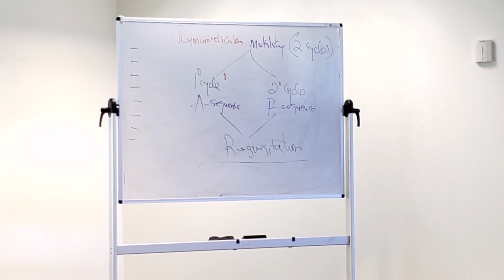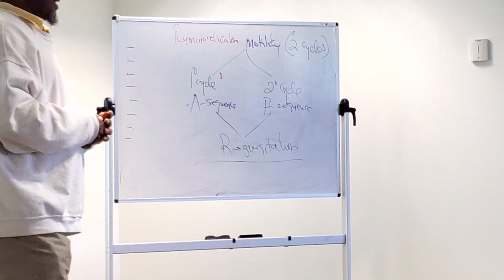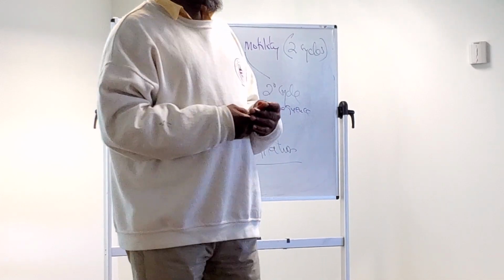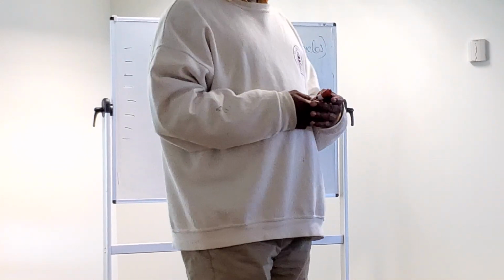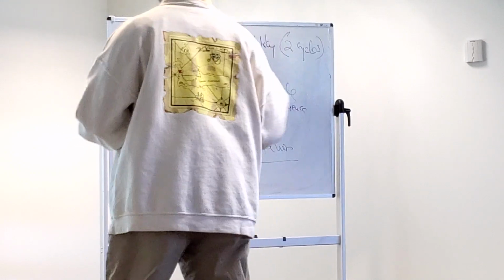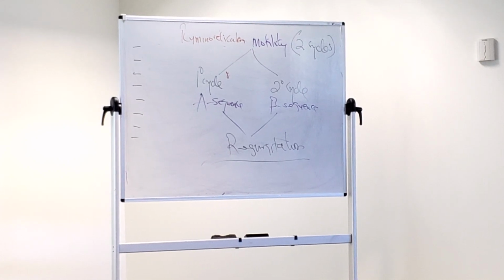Remember that this is an antiperistaltic process. Regurgitation is antiperistaltic, so look at how the muscles contract and sphincters open and close. That is what you'll be looking at in that assignment.